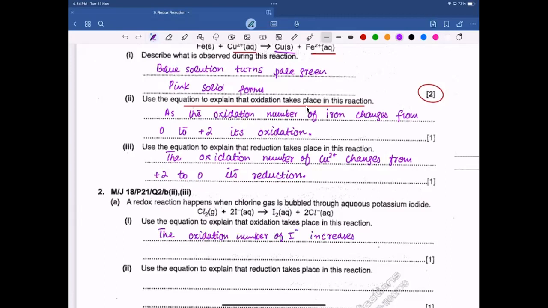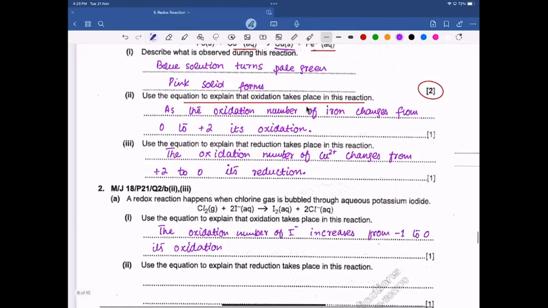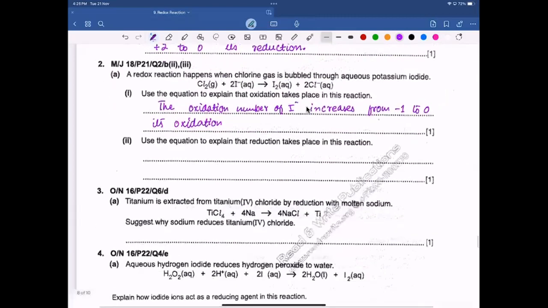So the oxidation number of iodide increases from -1 to 0. It's oxidation. And who is undergoing reduction? Chlorine.